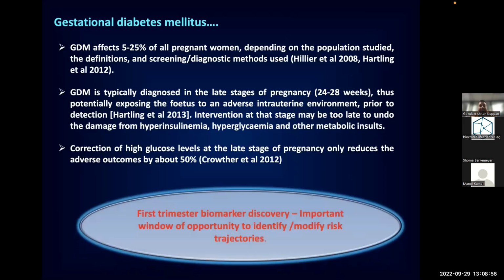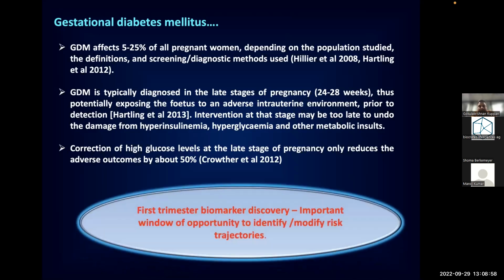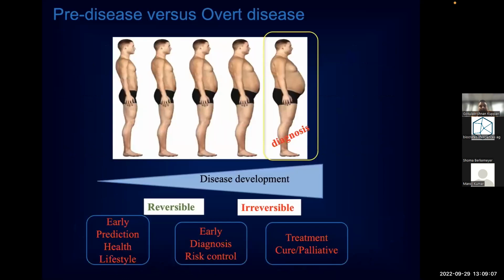So, first trimester biomarker discovery provides an important window of opportunity to identify or modify risk trajectories. You know very well the difference between pre-disease and overt disease. Once we diagnose, we cannot come back; it is irreversible.